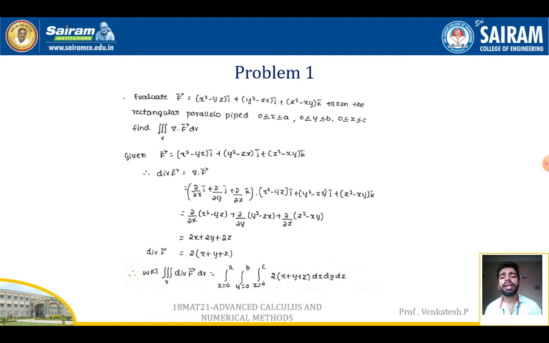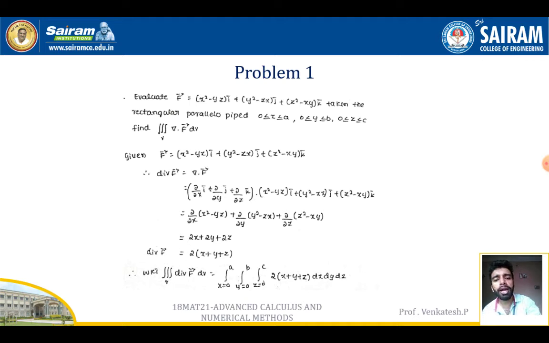So now div f is given by del dot f is equal to (dou by dou x i cap plus dou by dou y j cap plus dou by dou z k cap) dot with (x square minus yz) i cap plus (y square minus zx) j cap plus (z square minus xy) k cap. Since the dot product is there, I am going to multiply i with i, j with j, k with k.